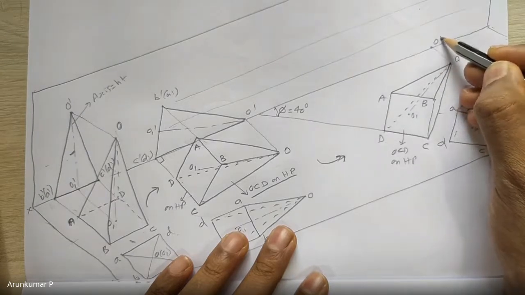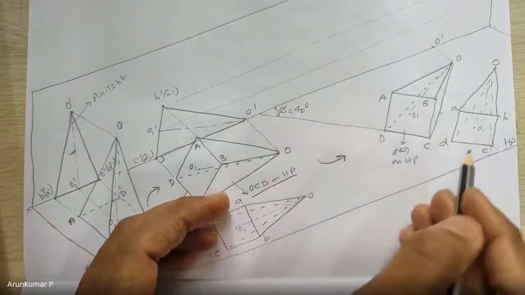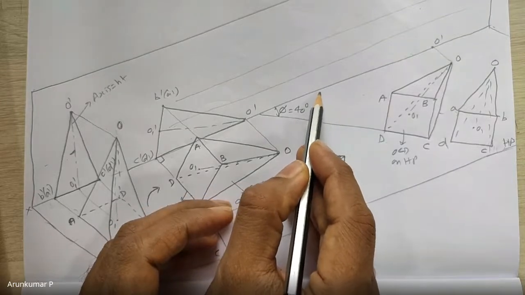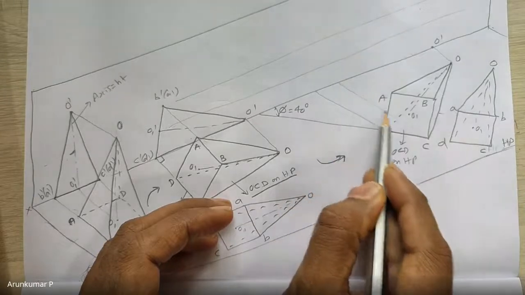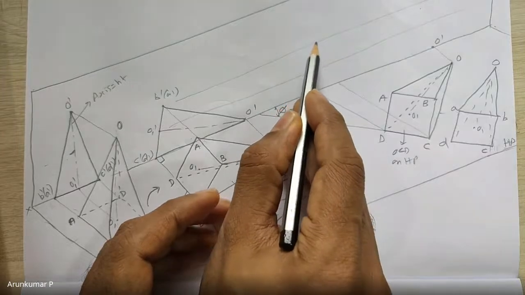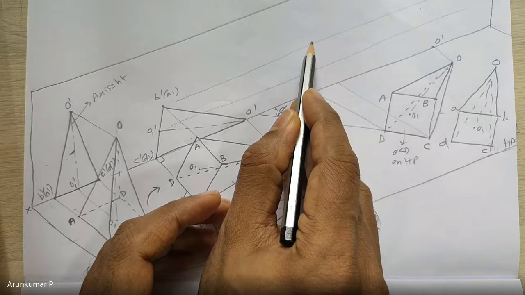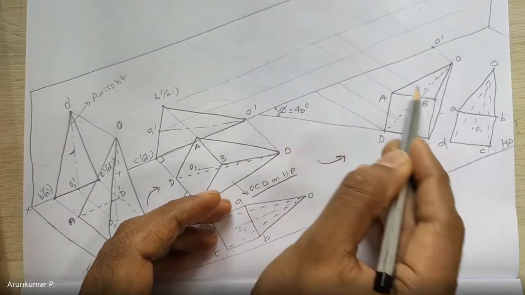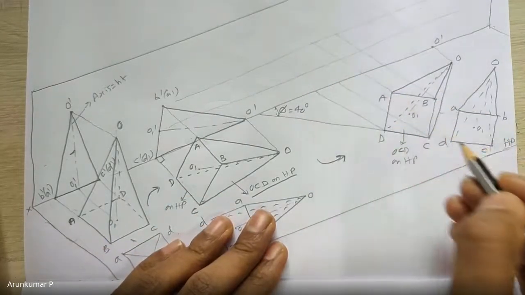So this will be O dash, and very carefully I have to draw the others also, starting with D, then maybe C, then A, and then P. Okay, so I will mark these.